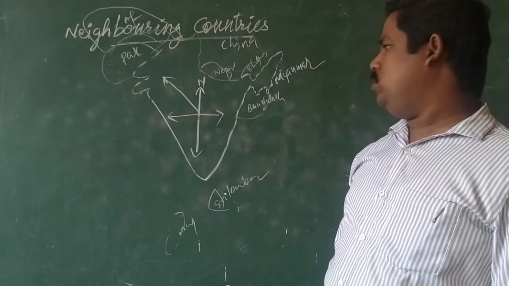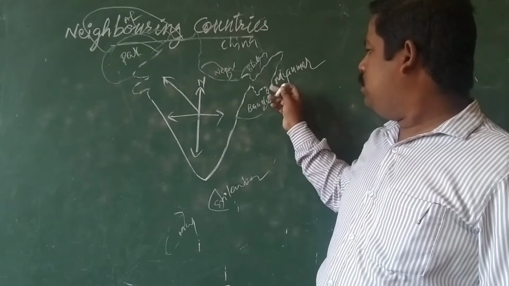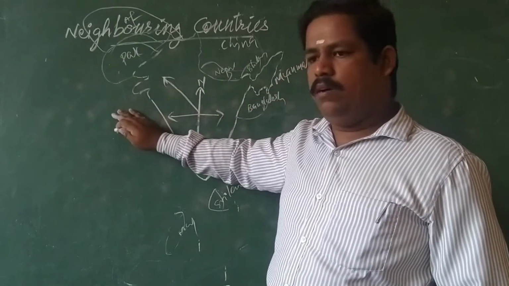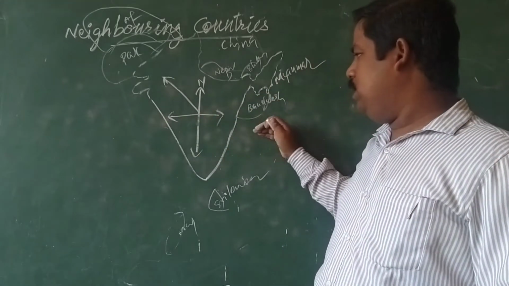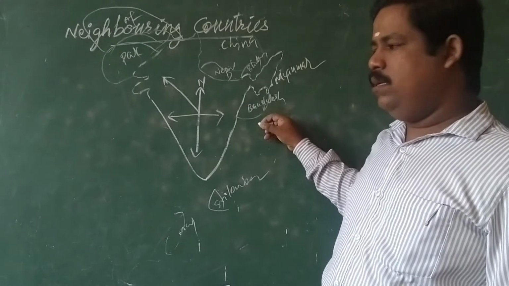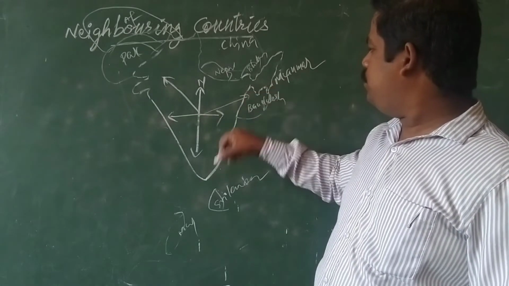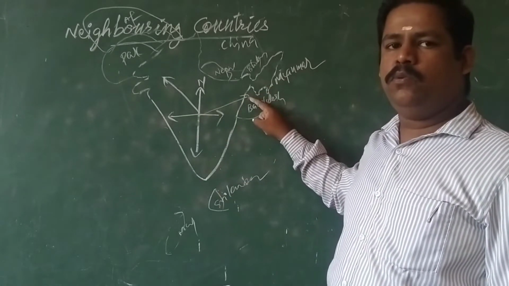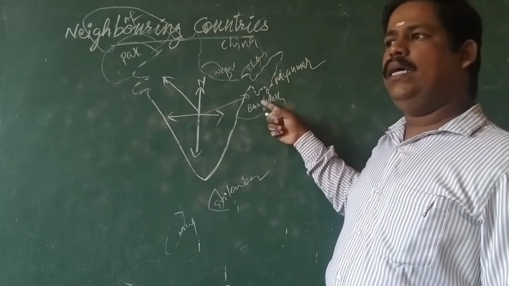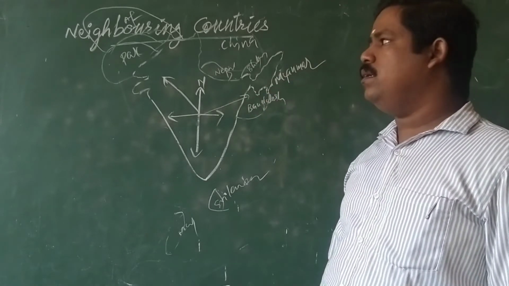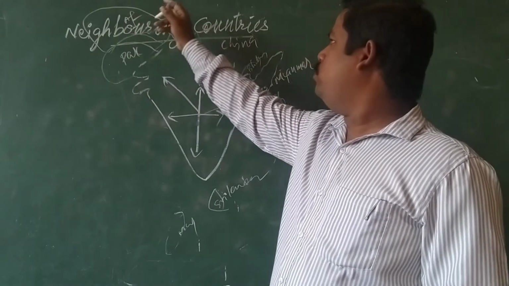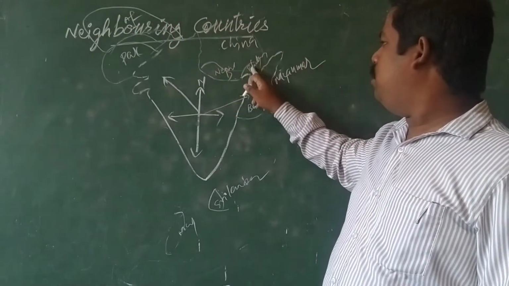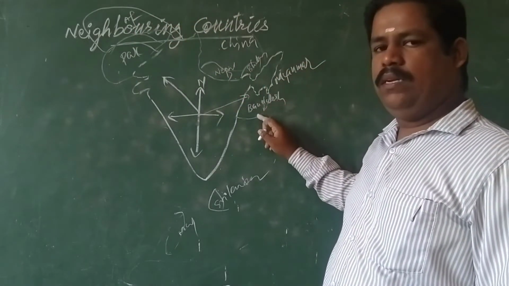Then exactly on the west side we have the Arabian Sea, and exactly on the east side the Bay of Bengal. On the northeast side we have 2 neighboring countries, Bangladesh and Myanmar. So here 1, 2, 3, 4, 5, 6, 7, over.